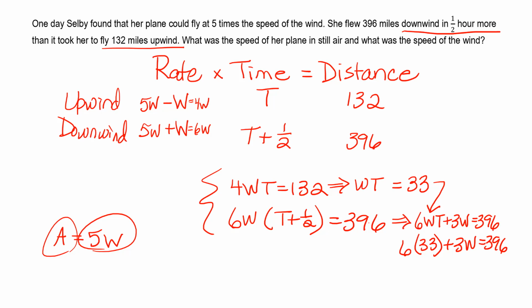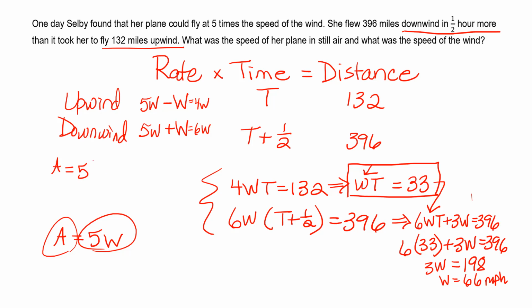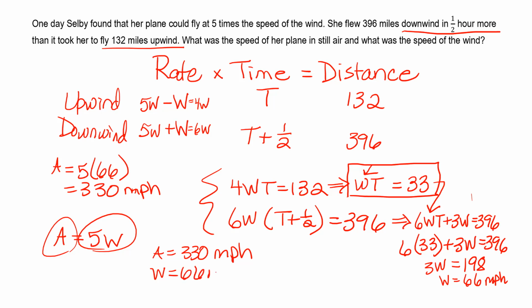So 3W equals 198. If you divide by 3 on both sides, you get that W is equal to 66 miles per hour. So the speed of the wind is 66 miles per hour, and we know that A is equal to 5 times that, and so that is 330 miles per hour for the airplane. So airplane, 330 miles per hour, and the wind, 66 miles per hour.